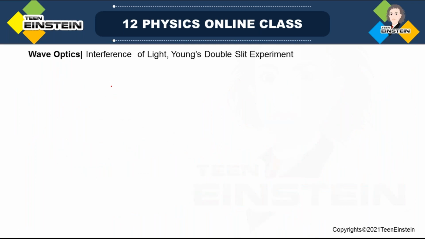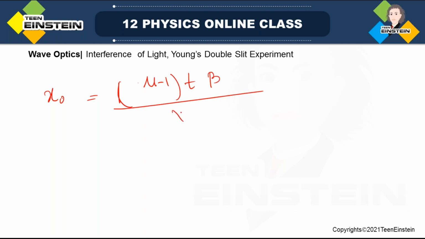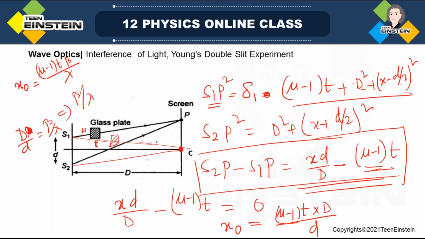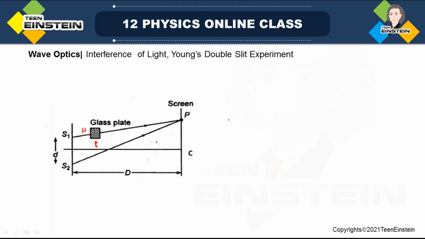So what do you mean by that? The central fringe will be shifted to a position given by (mu minus 1) into t into beta divided by lambda. So this much shift will be there in the fringe pattern. Not only the central fringe, the whole fringe pattern itself will shift by this much distance.